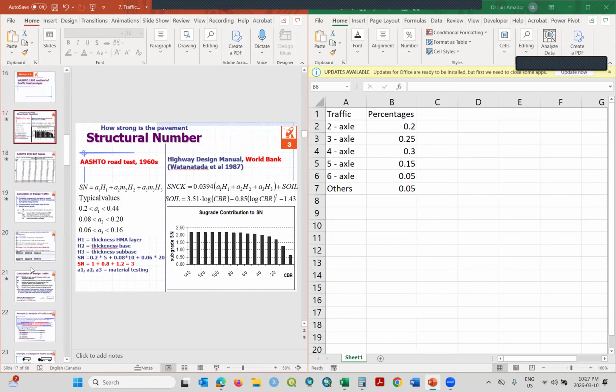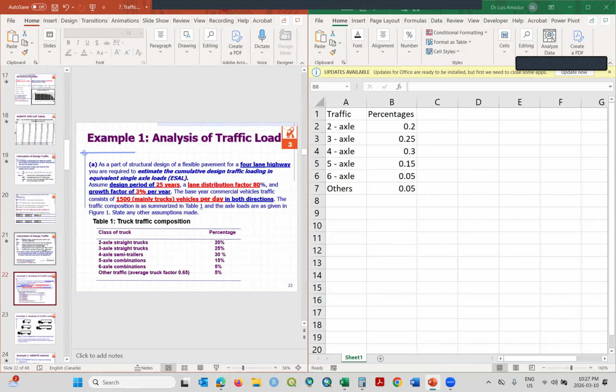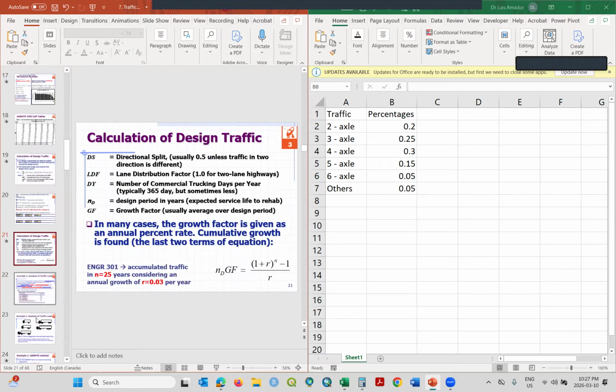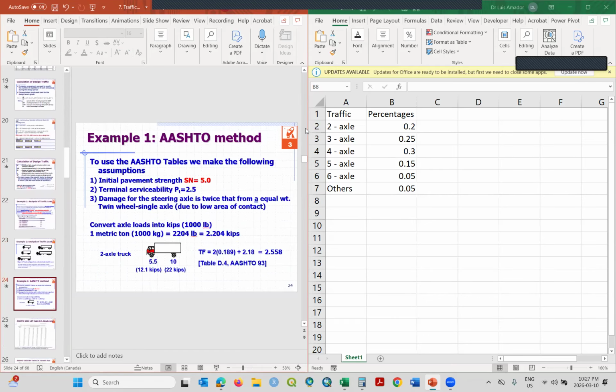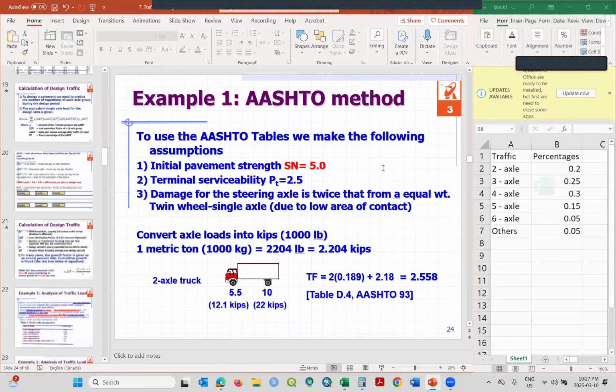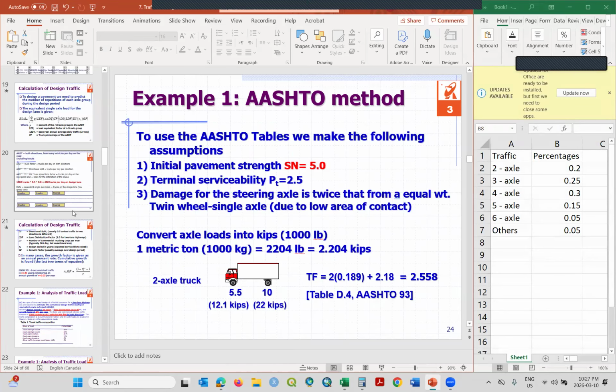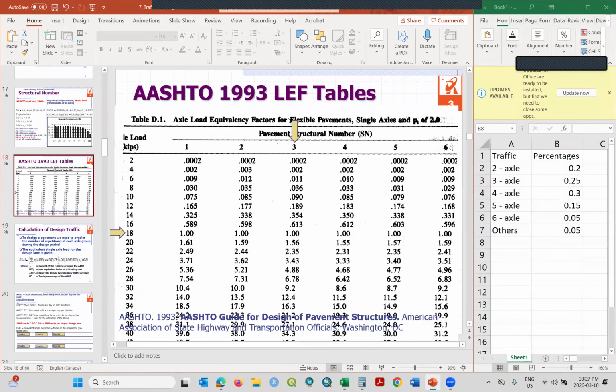Or I simply tell you what is the value for our structural number. So let's just assume that is this one. So we're aiming at using this type of table, but we will be using here the structural number of 2.